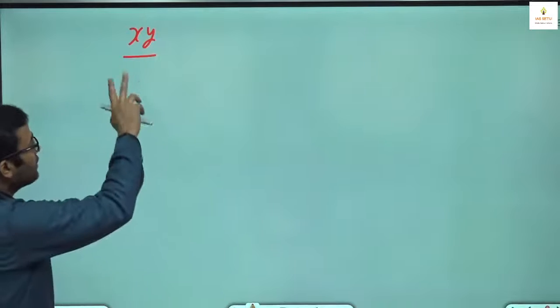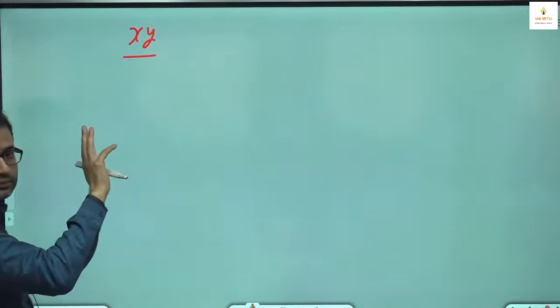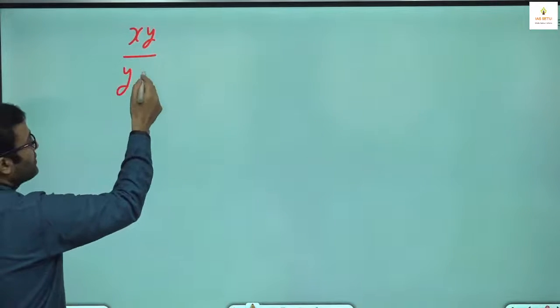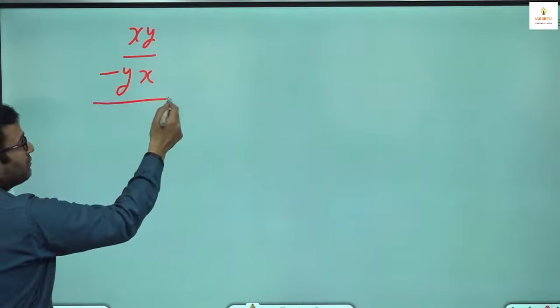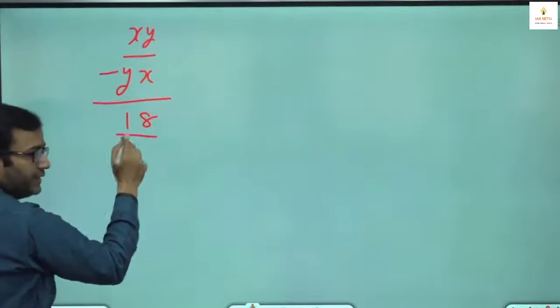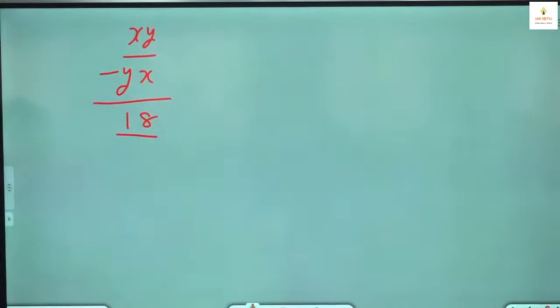And when we reverse the order of the digits, means it becomes yx, and we subtract it from the original number, the difference is coming 18.